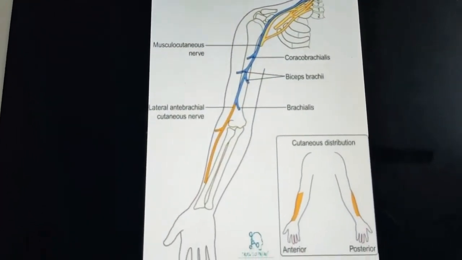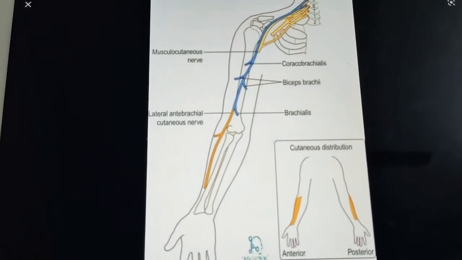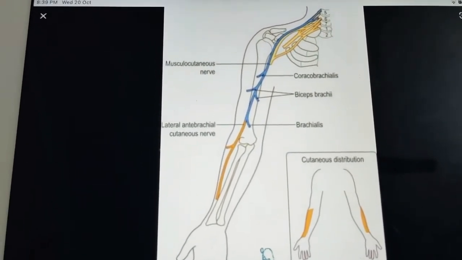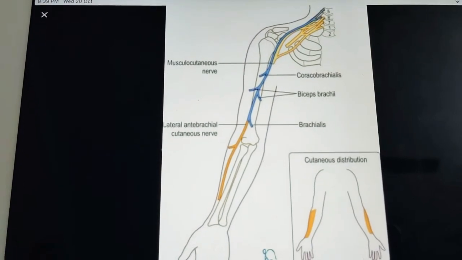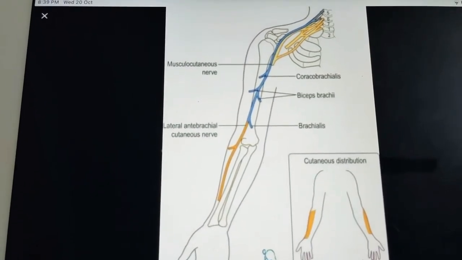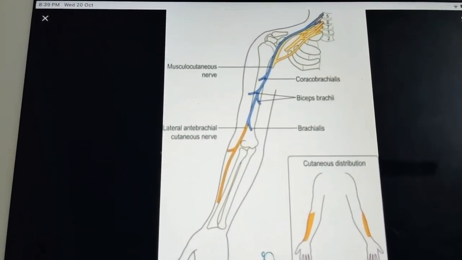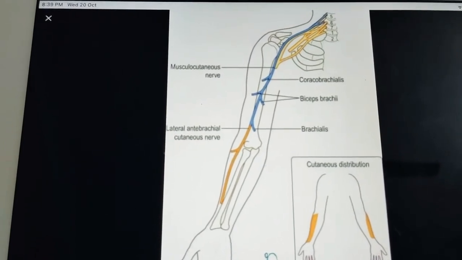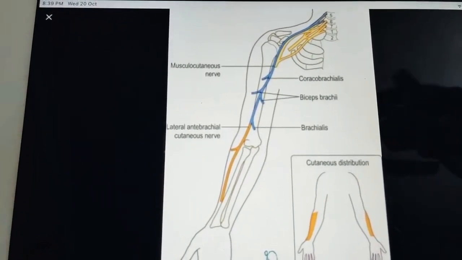Now let us see its branches and distribution. In the name itself, you can find out the branches. Musculocutaneous: it has a muscular branch, it has a cutaneous branch, right? And also some articular and communicating branches.